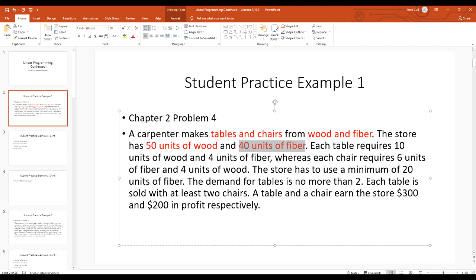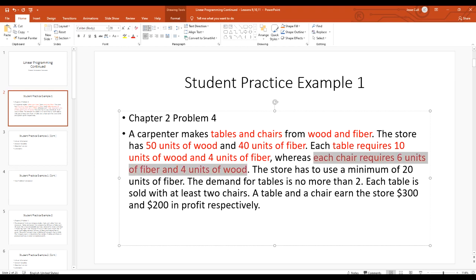So wood is most likely a limitation. We have 50 units. Fiber is most likely a limitation. We have 40 units. Each table requires 10 units of wood and 4 units of fiber. Each chair requires 6 units of fiber and 4 units of wood.